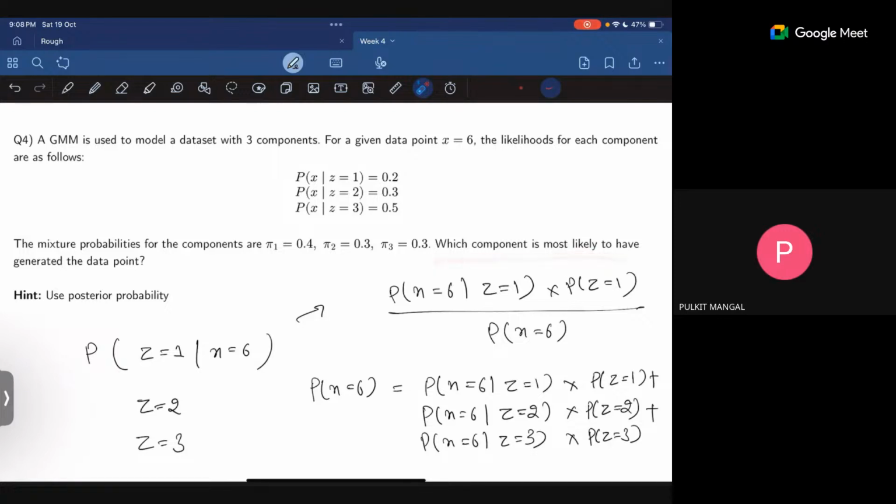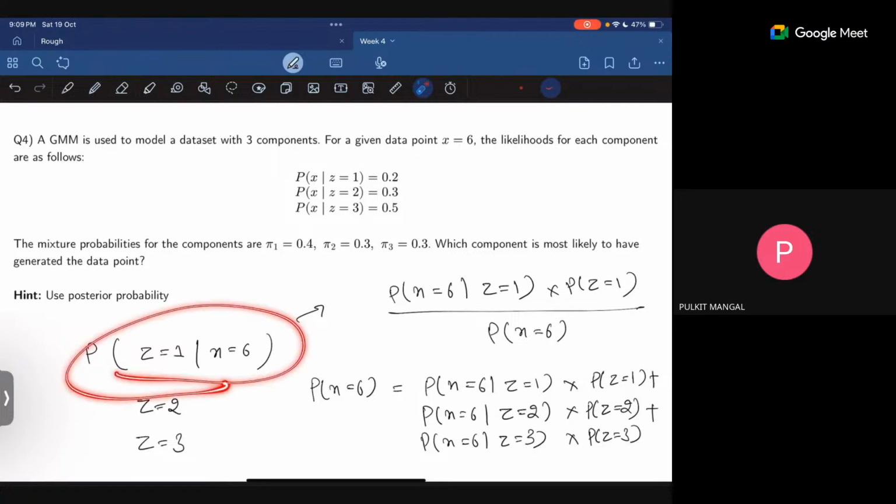The question asks which component is more likely to have generated the data point. We are given the hint, that is using posterior probability: given you have seen the data point, the probability that it belongs to cluster 1 or component 1 or mixture 1. In the same way you have to calculate for all the other clusters or components also.